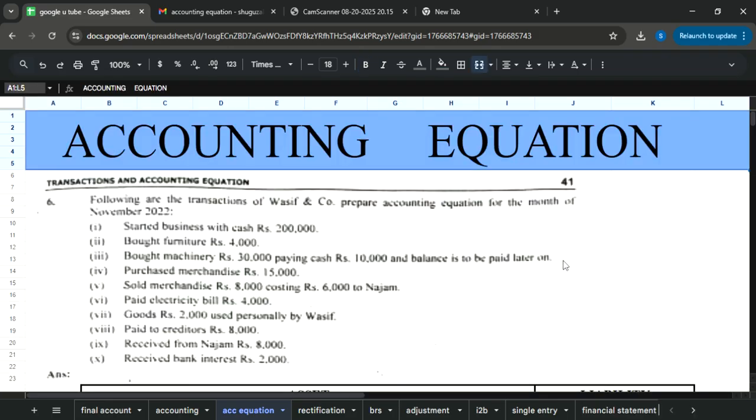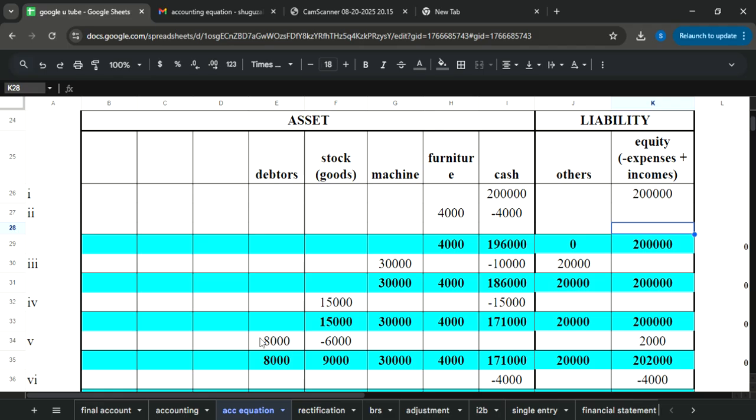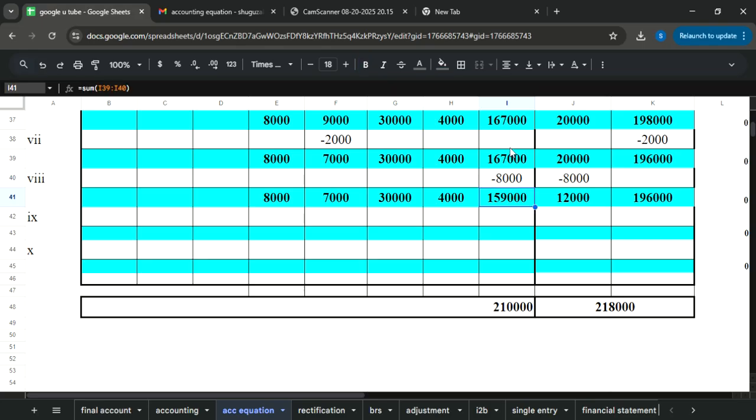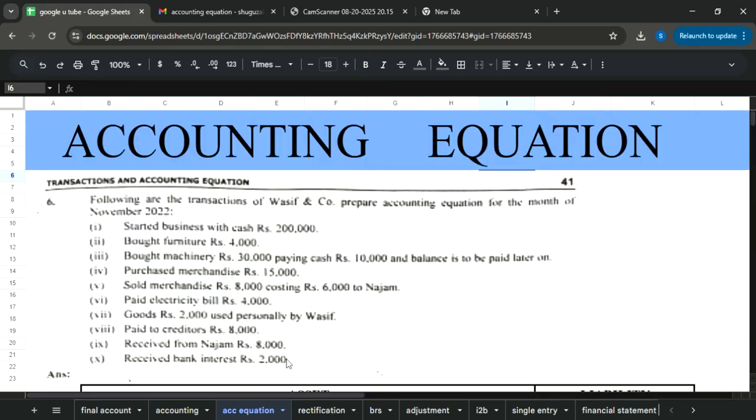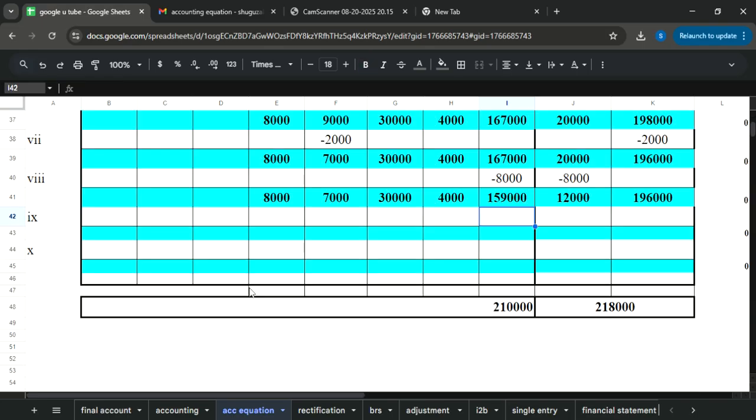8 entries are completed. Now entry 9. Received from Najam. As you can see, we had sold these commodities to Najam in entry number 5. The amount receivable was 8,000 and now we have received. When you have received 8,000, cash is increased. So over here you will increase your cash. But how much cash? It is mentioned 8,000. Look, the merchandise sold to Najam was also 8,000. So total cash received is 8,000.